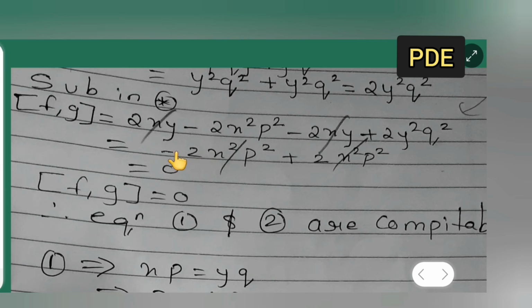Okay, now this 2xy minus 2xy will get cancelled. What is going to remain is this into this. Okay, minus 2x square p square, right? It is plus y into q, yq is what? xp, right? So I have placed plus 2x square p square is equal to 0.